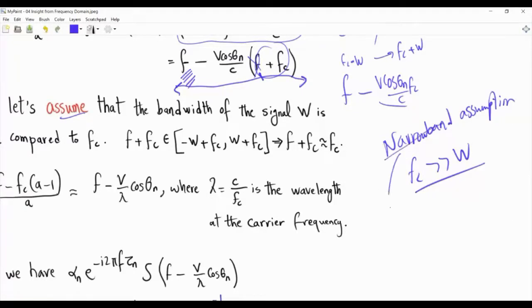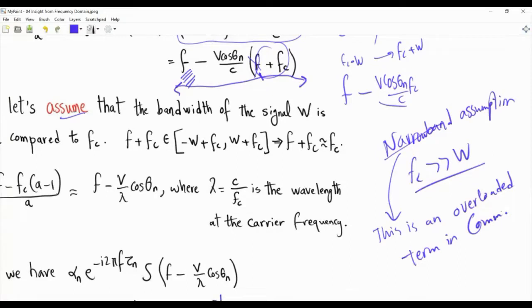Note that the term narrowband is an overloaded term in communications. So it's used to mean a number of things. In today's lecture, I'm using narrowband to say that we are using a carrier frequency for our transmitted signal that is much, much greater than the bandwidth of the transmitted signal.